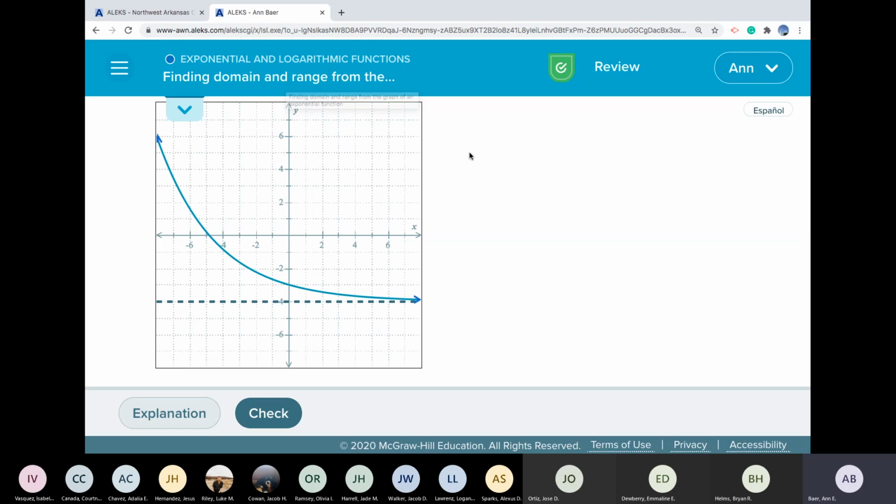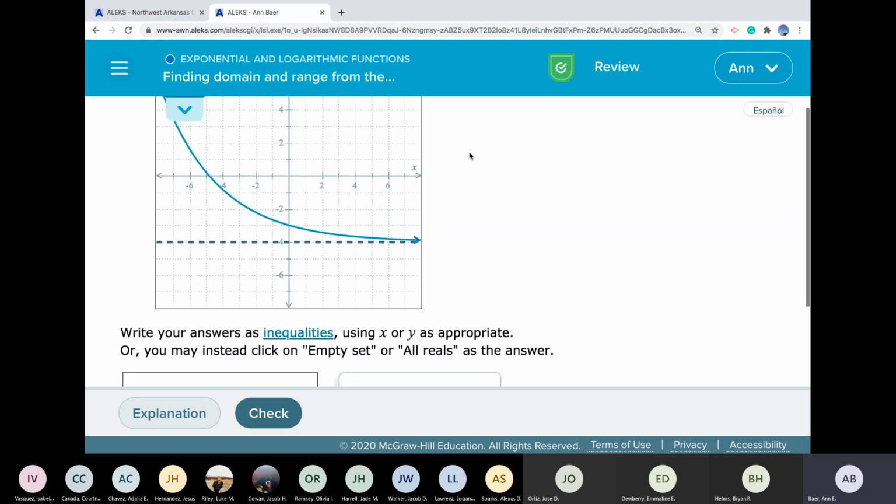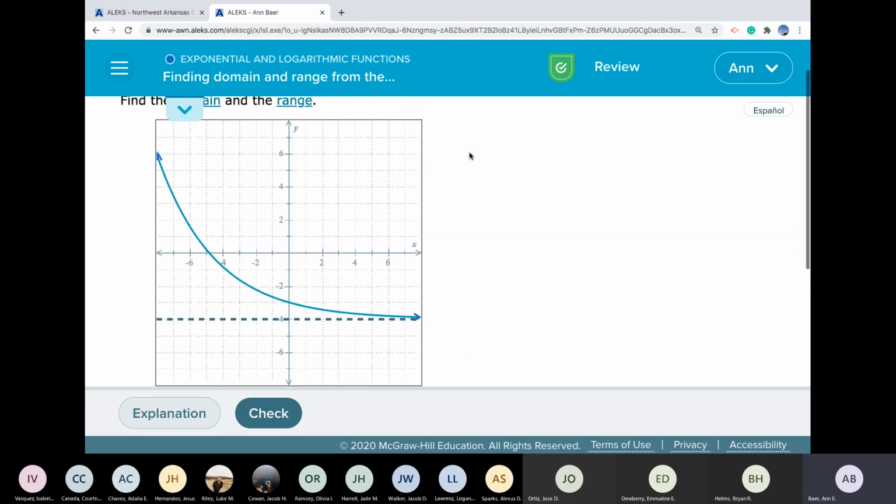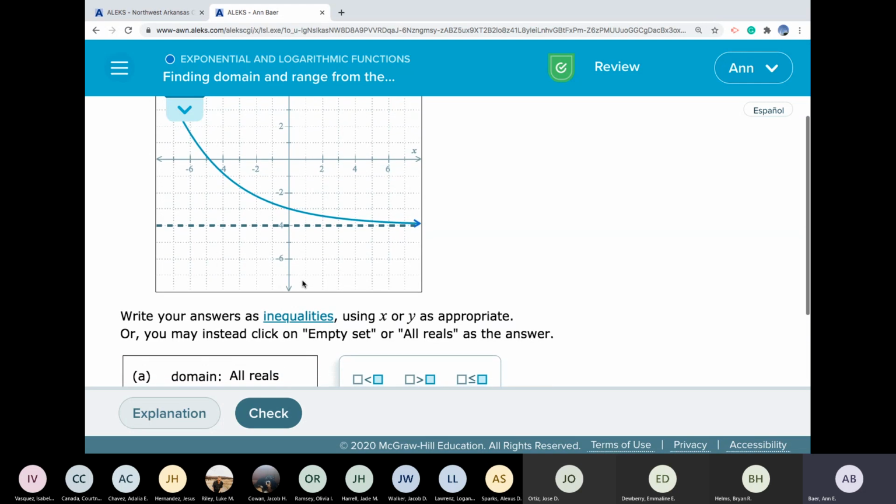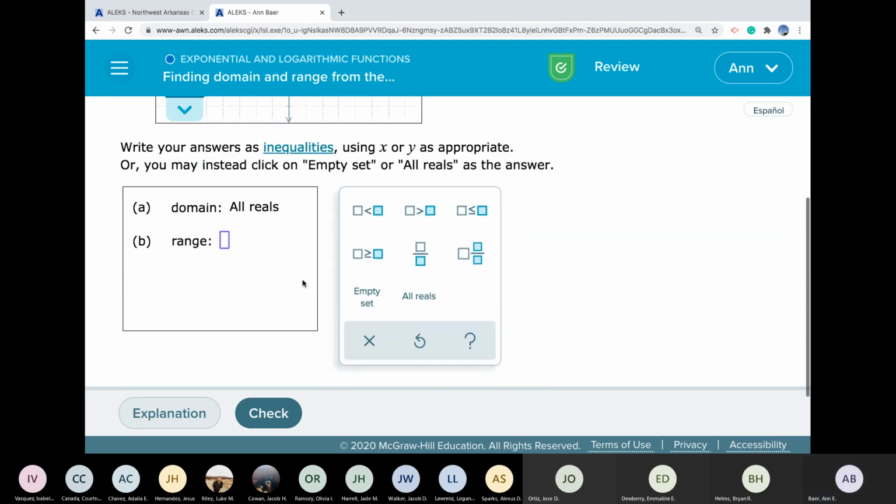However, Alex doesn't quite do it like that, but we could look at it as -4 is less than all the y's. That's how we can state the range. We're talking about the y-axis here. So how do we put that in Alex? We want a number less than another.